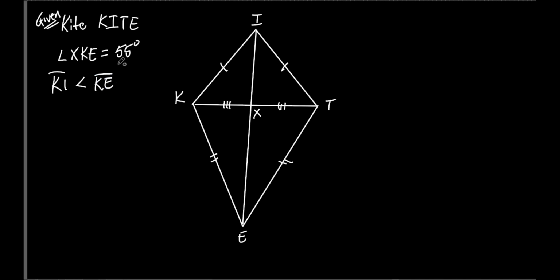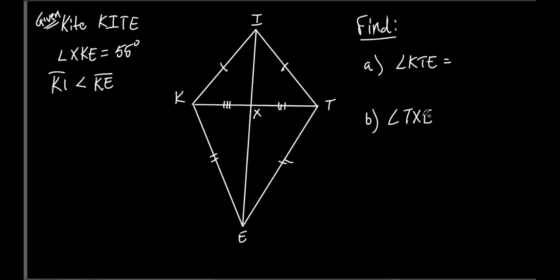All right, and they ask you to find 5 different things. So let's write them down over here. Part A, you want to find angle KTE. Then you want to find angle TXE.